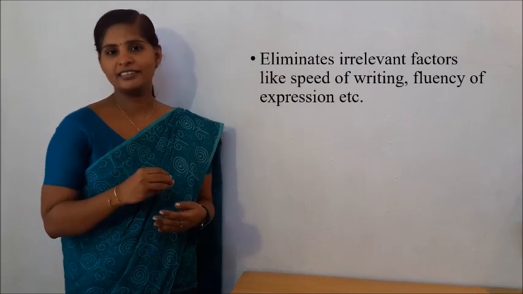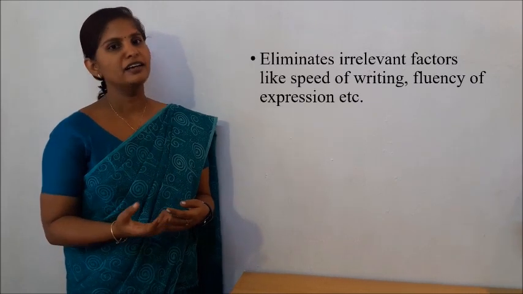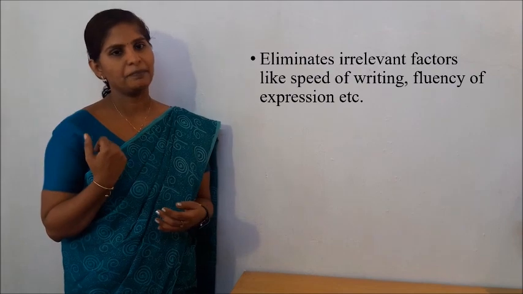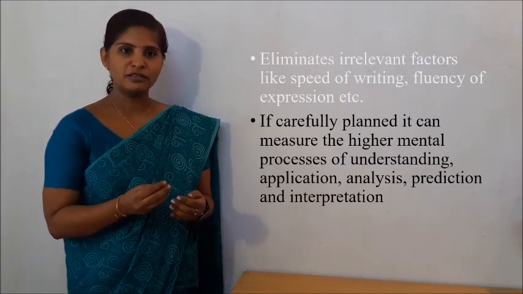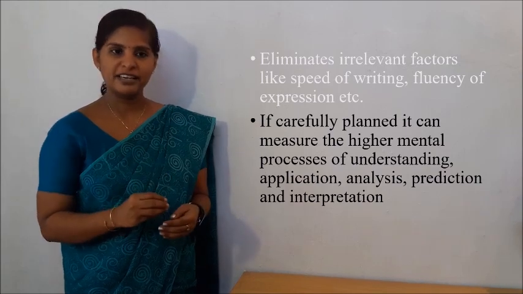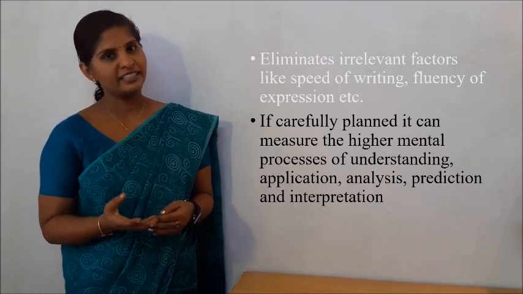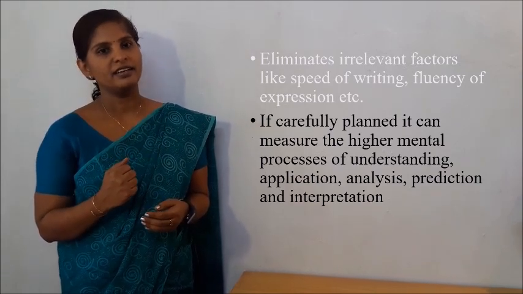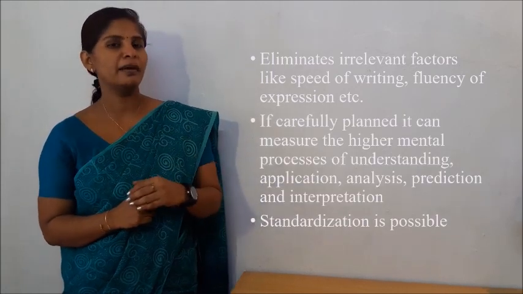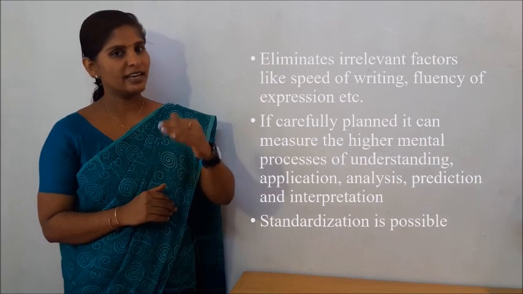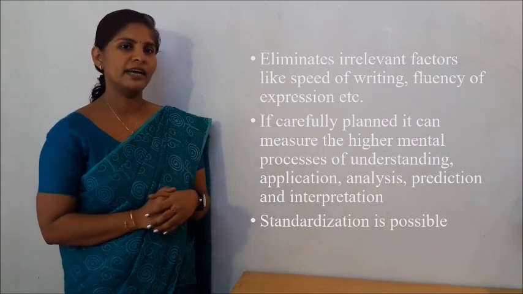Another one is it eliminates irrelevant factors like speed of writing, fluency of expression, etc. If carefully planned, it can measure the higher mental processes of understanding, application, analysis, prediction, and interpretation. And again, standardization is possible with objective type of test item. These are the advantages of objective type test item.